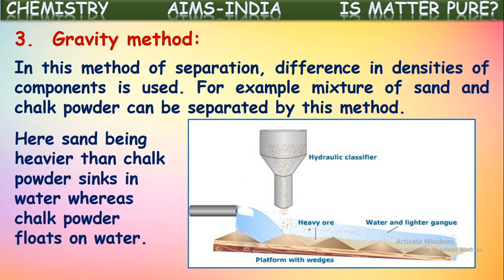When ore is poured, the heavyweight ore particles will remain in these wedges, and the lightweight particles, the other impurities, will flow along with this water. The lightweight particles will go along with the water to the other side, whereas heavy particles, as they are heavy, settle down in these wedges. So in this way, lightweight particles can be separated by this method. This is called gravity method.